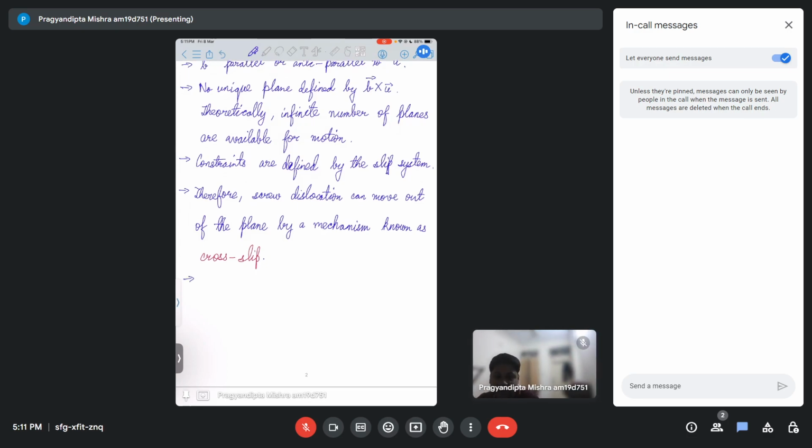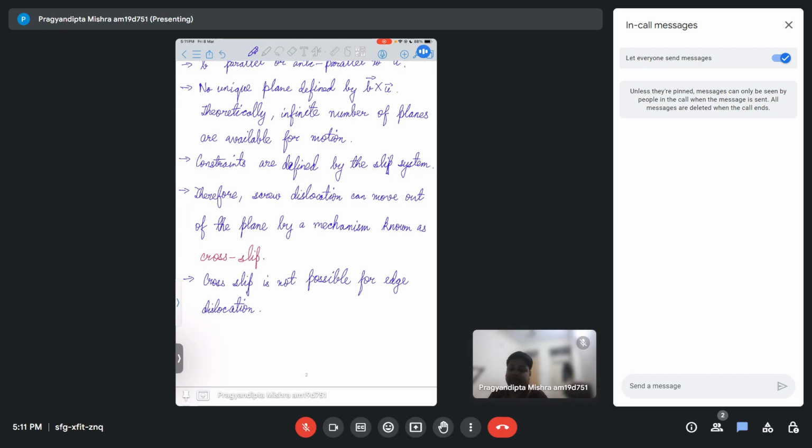Cross slip is not possible for an edge dislocation.